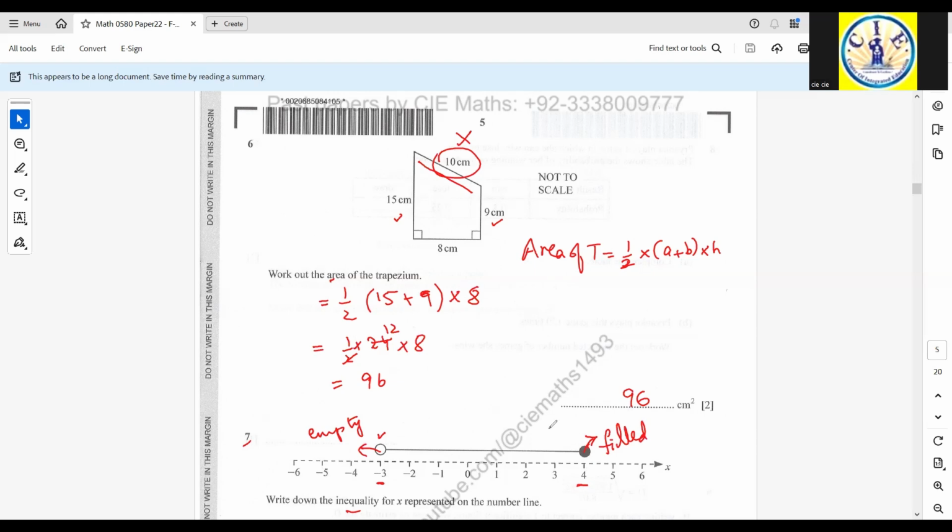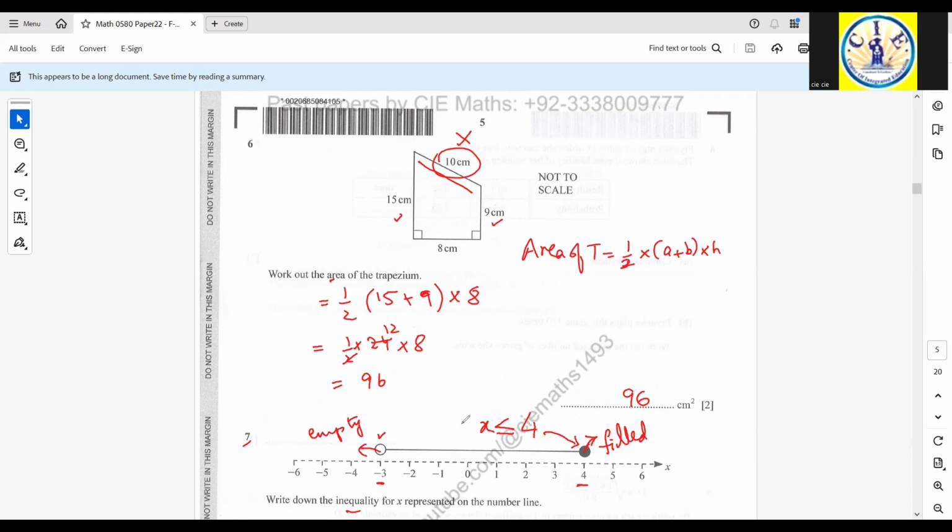So it is going to be x less than or equal to 4. For being filled, I'm going to replace it with less than or equal to. There is a use of the equal to sign with this inequality to make it a closed inequality, to depict that the final endpoint 4 is going to be included in this one.